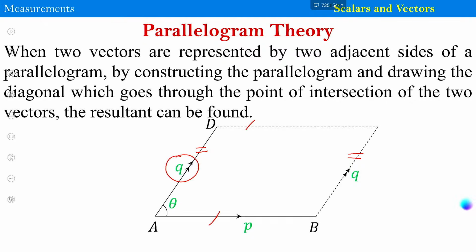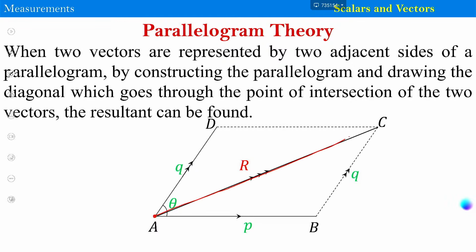So when this is Q, this is also Q, and this is theta, so we know that this will be theta too. While connecting this, we connect the starting point, this one, the diagonal. So we take the diagonal.